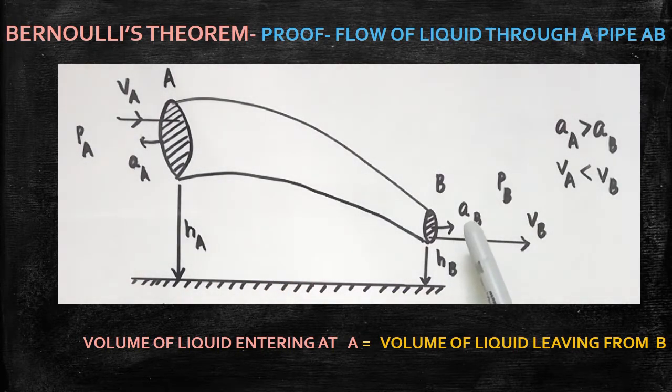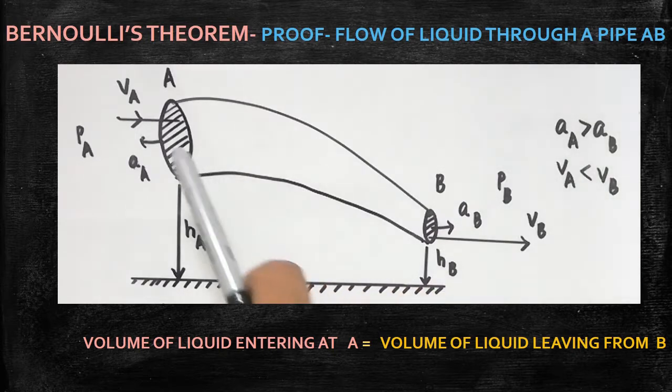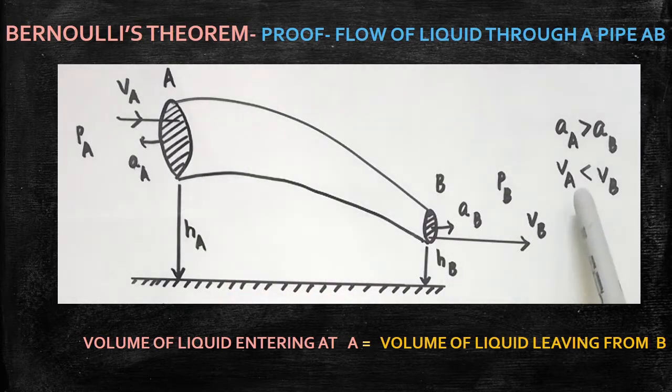Already from the equation of continuity, we have learned that when the area of cross section is greater, the velocity of the liquid will be lesser. Here the area of cross section is less, therefore the velocity of the liquid is more.